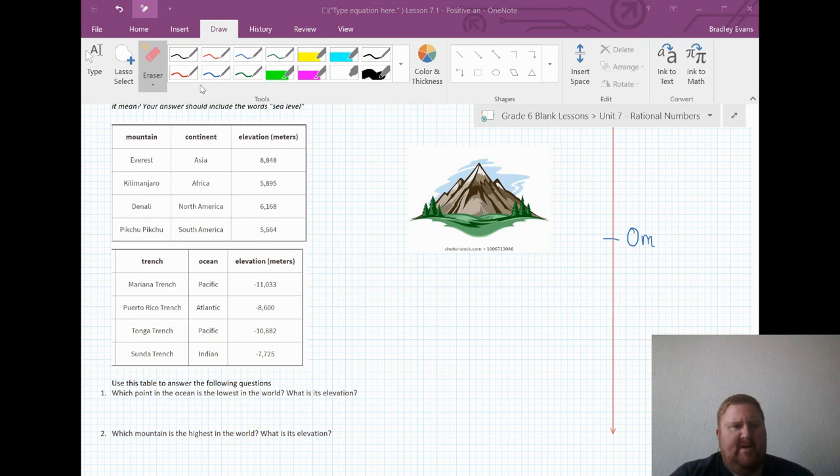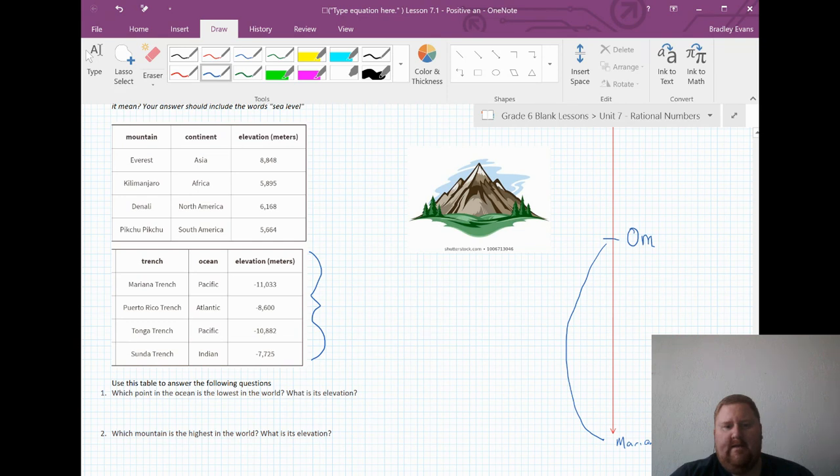Question 1. Which point in the ocean is the lowest in the world? Now, here we need to think that our depth is moving away from 0 meters. And so if we take a look at, say, the Mariana Trench, for example, it's going to be 11,033 meters away from 0. Let's put it all the way down here, and that's going to be Mariana Trench.